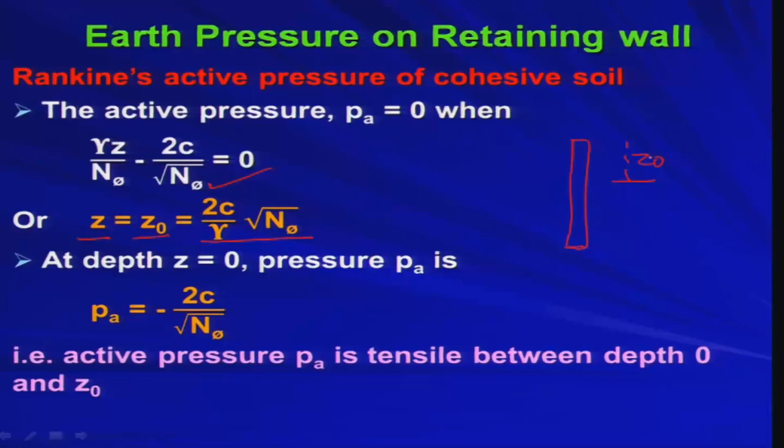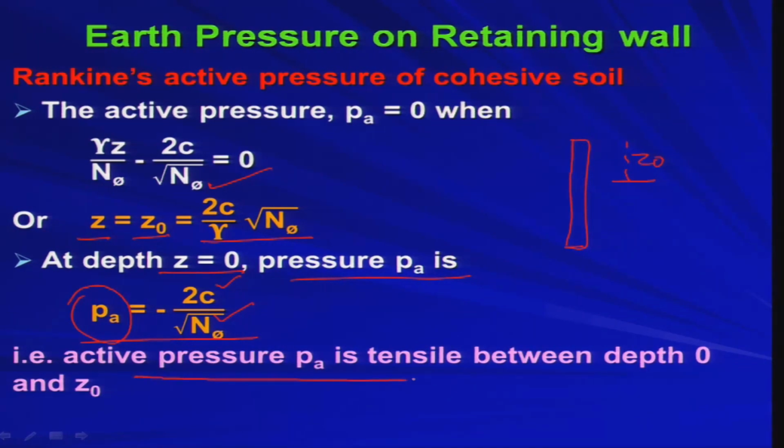So at z equal to z naught you get active earth pressure 0. Now, what is happening at the top of the wall? Let us examine. At depth z equal to 0, the pressure Pa is minus 2c by root over N phi. Now, c is positive and N phi is positive, so Pa becomes negative.